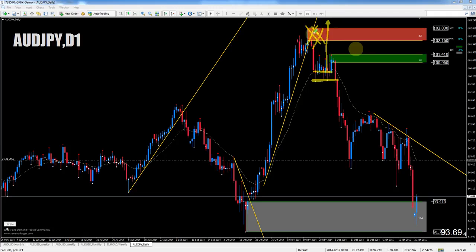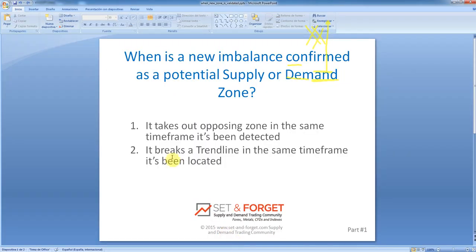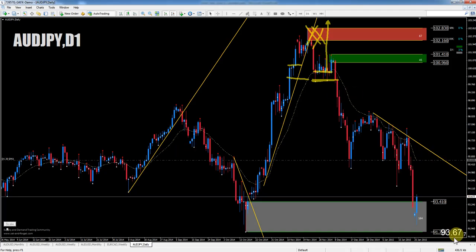Valid supply because it broke the trend line initially and then it also removed one area of demand. So this area is valid because of these two reasons. It took out the opposing area and also it broke the trend line. Both options are valid on this one.